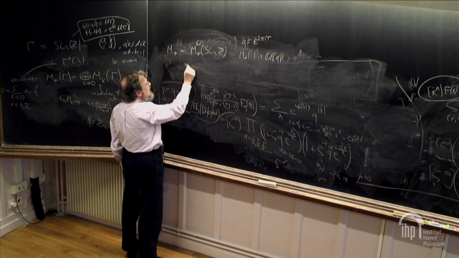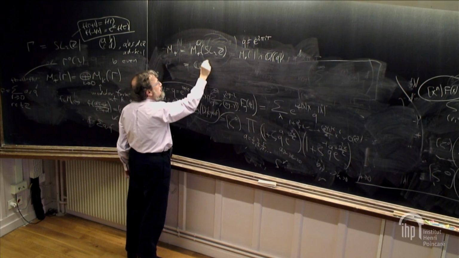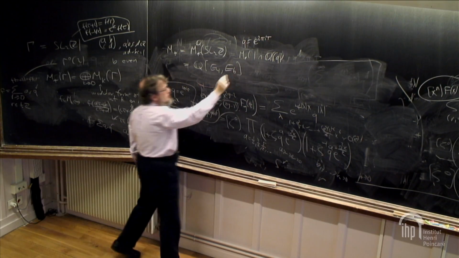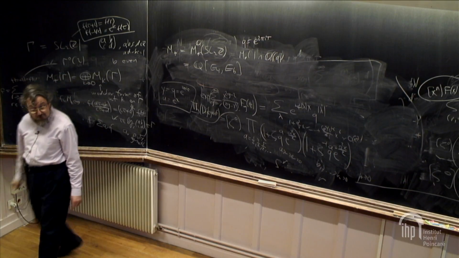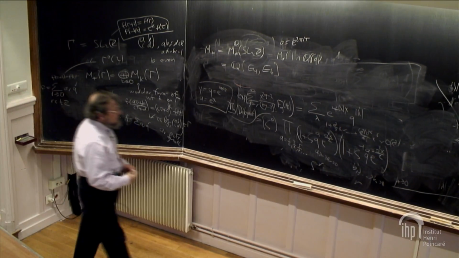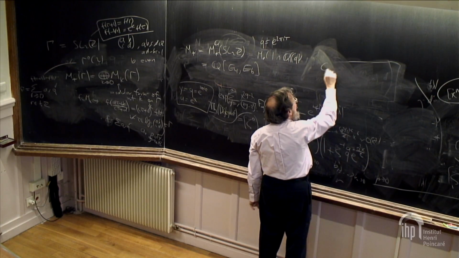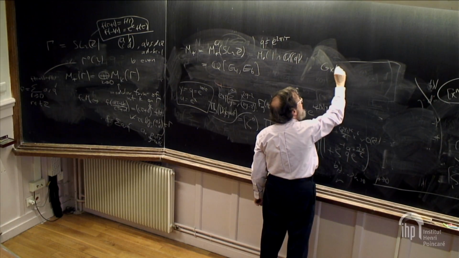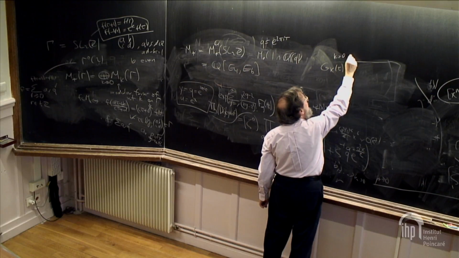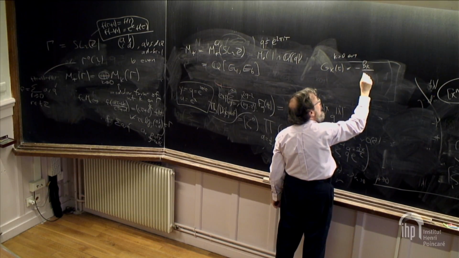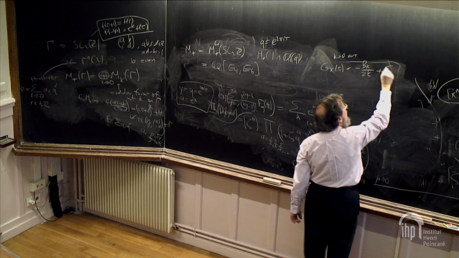So M star will be this. And then, as I said, for any given group, there's a complete description of this ring. And in this particular case, it happens to be free on two generators, E4 and E6. So I remind you again, we have G_k of tau, k a positive even number, with a constant term which happens to be the kth Bernoulli number divided by minus 2k.